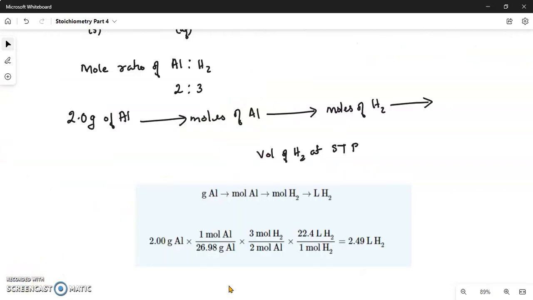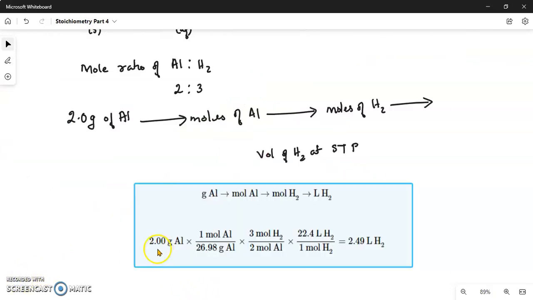So we can do the calculation as follows. 2 grams of aluminum divided by molar mass of aluminum, which is 26.98. So you can write it like this. This is a better way of writing because then it is clear that 26.98 is the mass of 1 mole of aluminum. So times 1 mole aluminum divided by 26.98 grams of aluminum times the mole ratio.